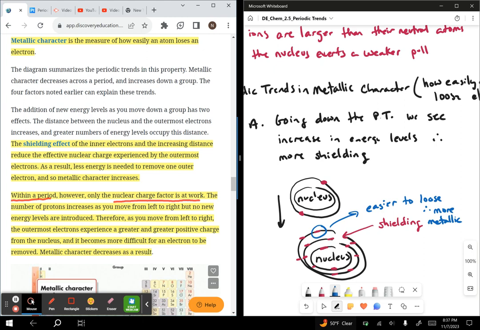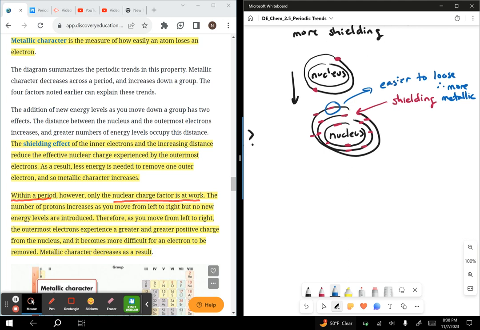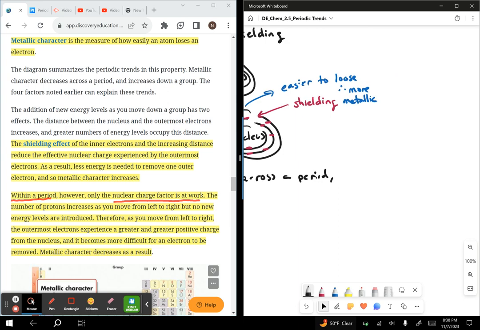Metallic character decreases as a result. Okay, so let's put that down for letter B. Going across a period, metallic character decreases.